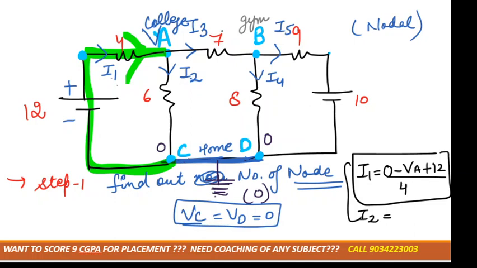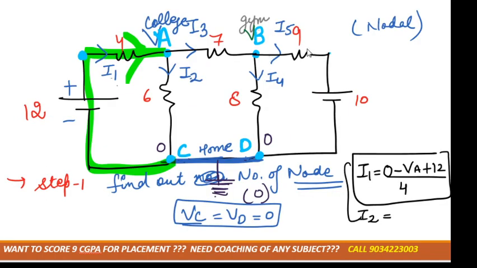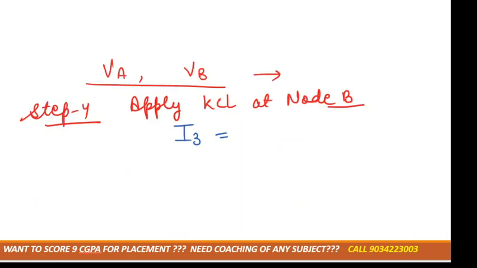Tell me which current is entering into the gym. I3 is entering into the gym, right? I3 is moving from college to gym, meaning VA to VB, right? So we can write I3 must be equal to I4 plus I5 because I4 and I5 are leaving the gym, correct?